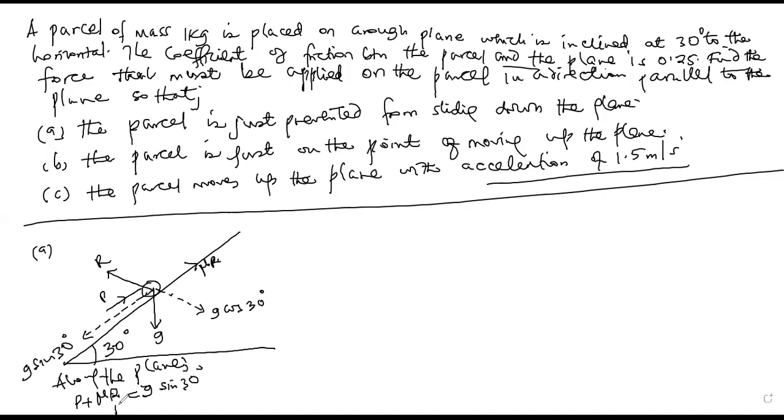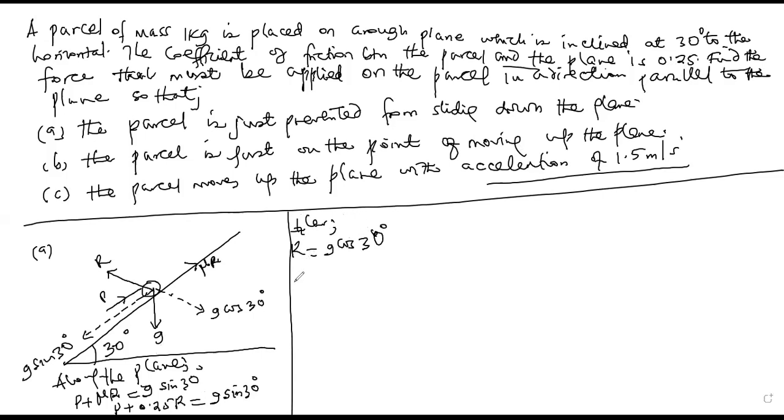My mu, the coefficient of friction, was 0.25, so P plus 0.25 R is equal to g sin 30. But when you resolve perpendicular to the plane, you have R as g cos 30.